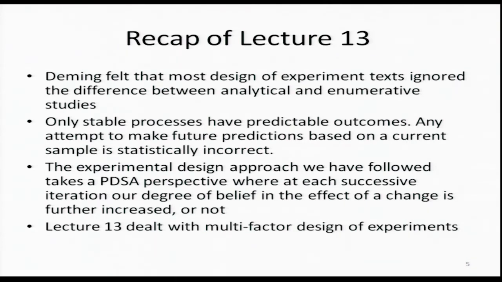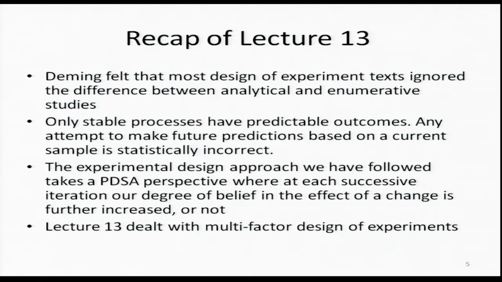What Deming really felt when he would talk about the various approaches to the design of experiments in the various textbooks is that they tended to ignore the difference between analytical and enumerative studies.